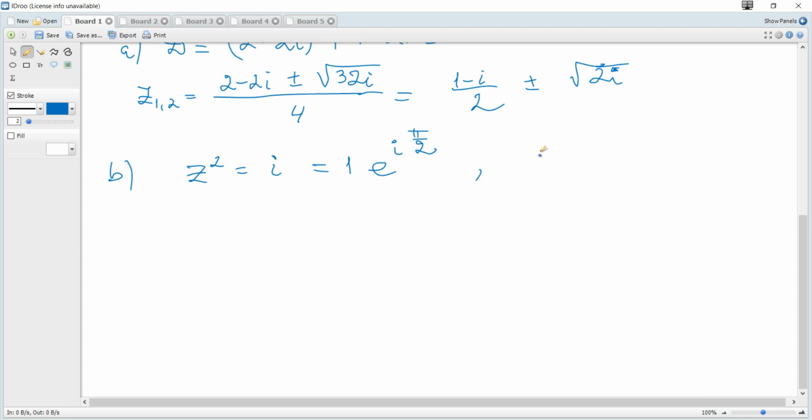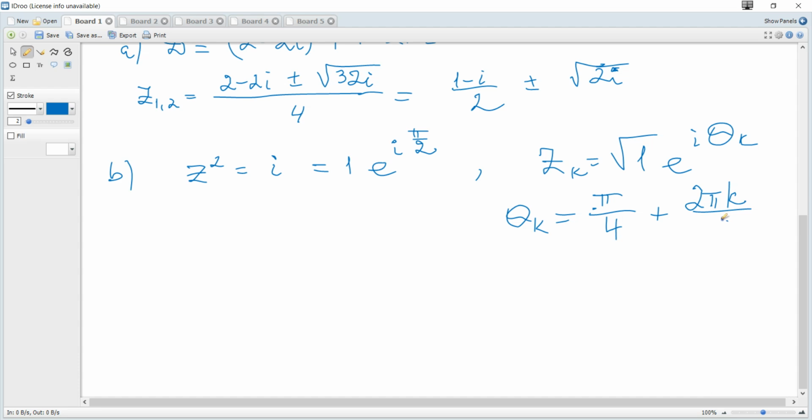And the roots are zk, since n is 2, so square root of the modulus 1, e to the power of i theta k, where theta k is our argument angle: pi over 2 divided by n, which is 2, so pi over 4, plus 2 pi k divided by n, which is 2, so just plus pi k.